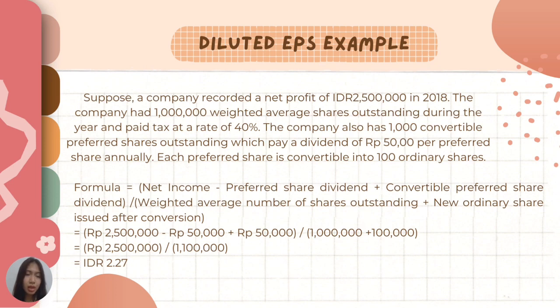And we can put the numbers in. So 2,500,000 rupiah minus 50,000 rupiah plus 50,000 rupiah, divided by 1 million plus 100,000, equals 2,500,000 rupiah divided by 1,100,000.